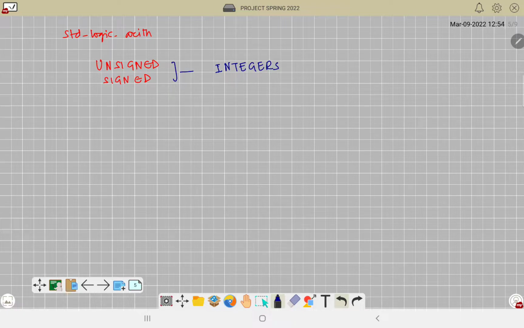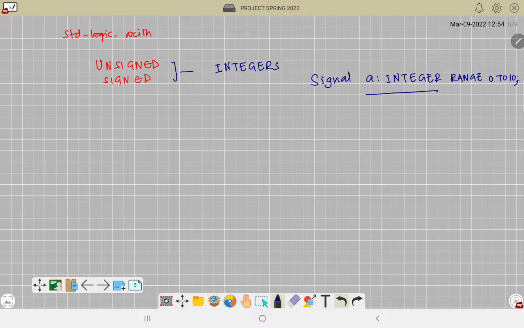Now integers हम कैसे define करते हैं अभी हमने देखा. If I have to define a signal, say its name is a, then I define it as integer. Then either I define the range or I give the exact value, say 0 to 10. Now इस लॉजिक के हिसाब से if you are using signed and unsigned data types, उसका declaration भी ऐसा ही होना चाहिए था, because signed and unsigned are concepts that we associate with integers.